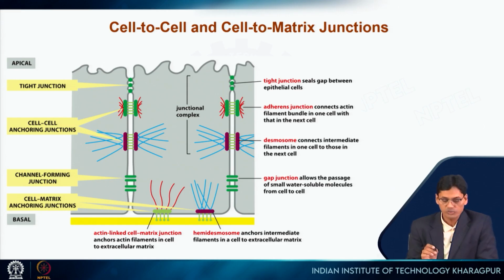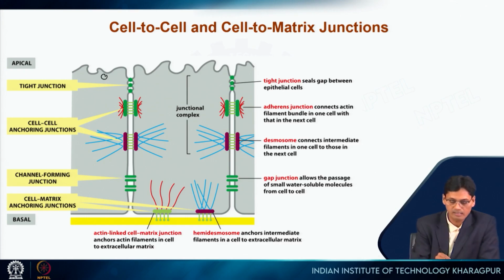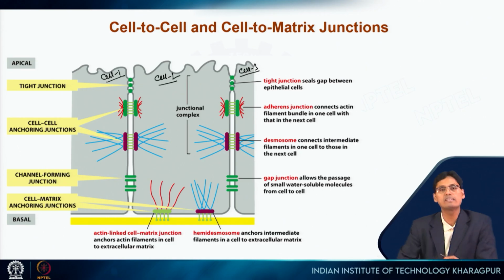Now here, this is cell number 1, cell number 2 and cell number 3, and these are again epithelial cells present consecutively.